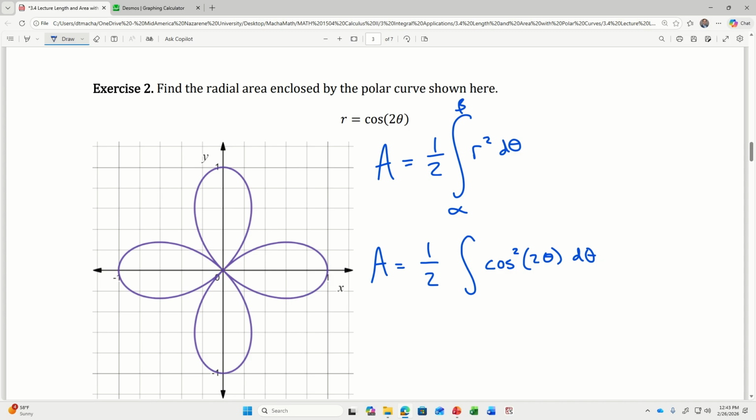And I wonder what my lower bound and upper bound are. The lower bound and the upper bound of the integral are going to be in terms of my angle theta, since you see the d theta at the end of the integral.